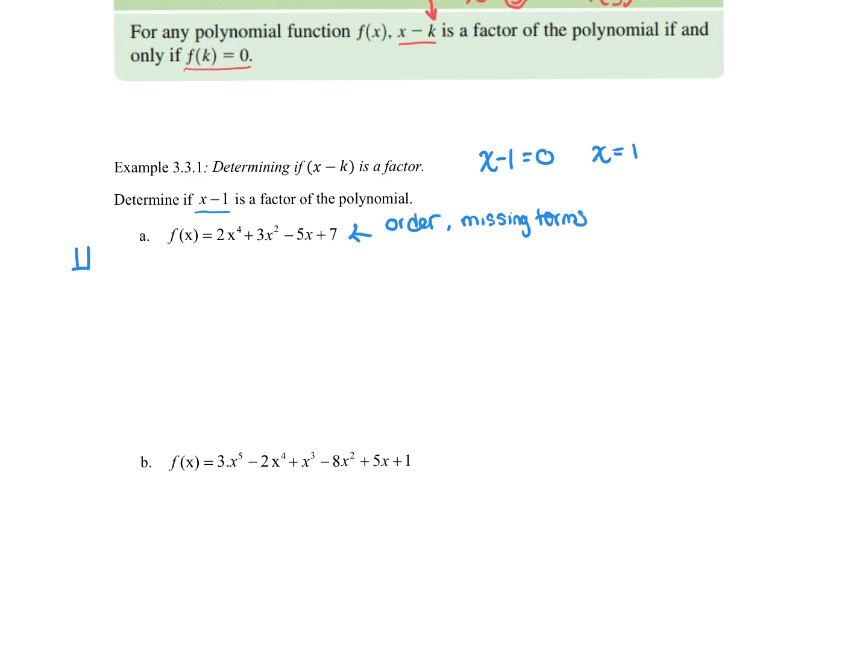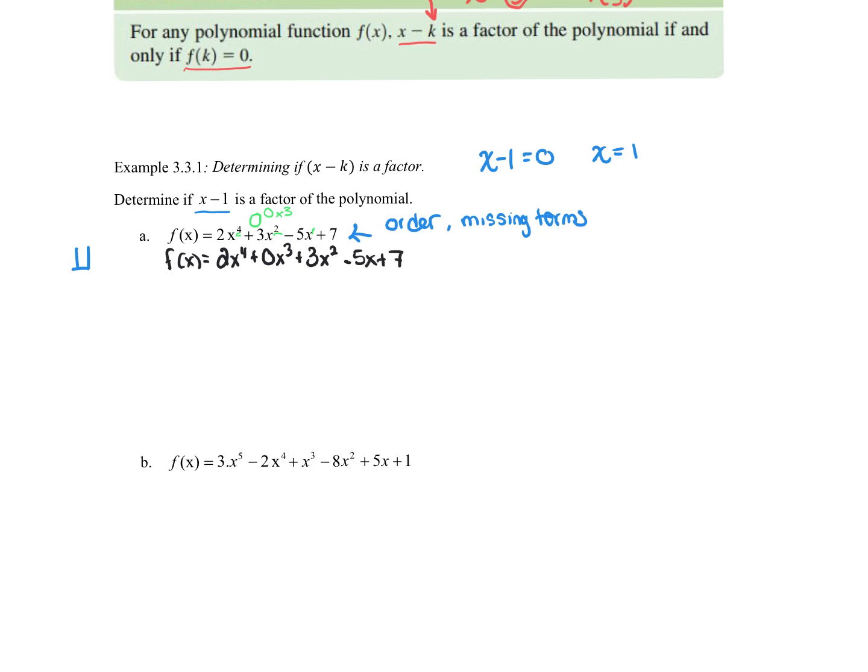So my powers are 4. Oh, I'm missing that 3. There's that missing term right there, the 0x to the third, because it goes 4, 2, 1, none. So let's rewrite this polynomial. F of x equals 2x to the fourth plus 0x cubed plus 3x squared minus 5x plus 7.